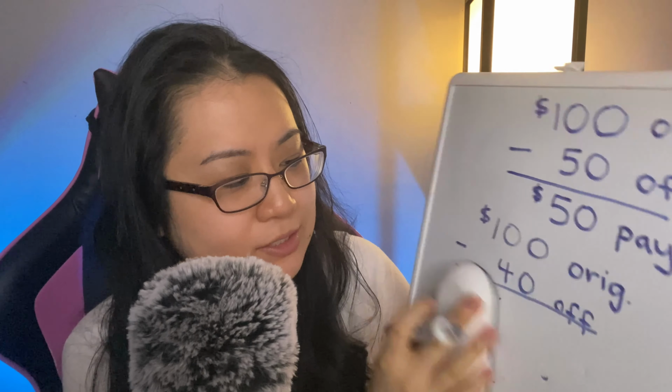For those of us who want to generalize this for any price and using decimals, I was thinking that this might come in handy for anyone who might be reviewing for the SAT or standardized tests like the ASVAB or maybe something like that. I don't know, maybe even the GRE.